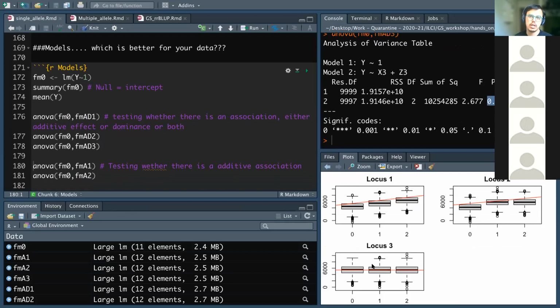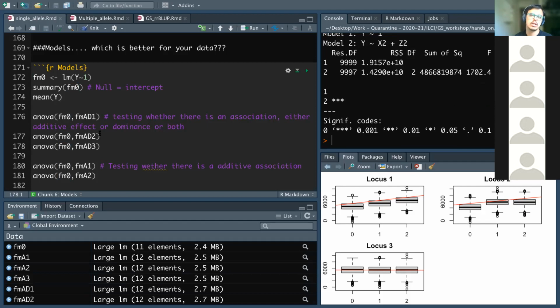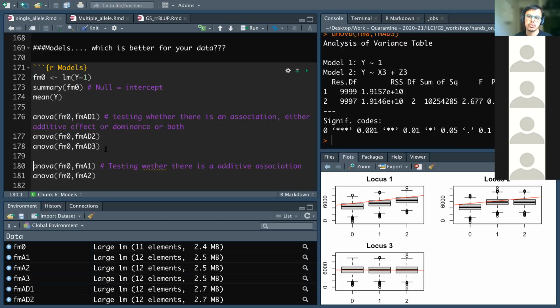So with this simple ANOVA, you can check whether there is a difference between the genetic effect and the mean of the population. We see that locus 1 and 2 have effects in the population, as the p-value is really, really small, and locus 3 doesn't have any effect.